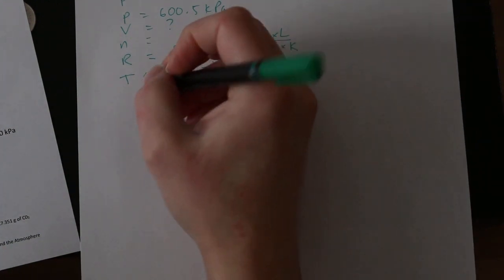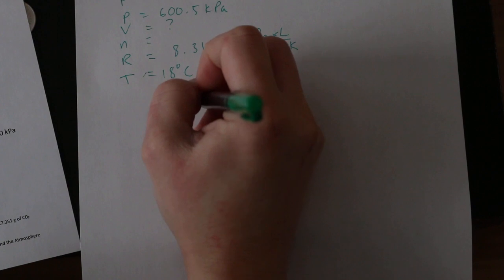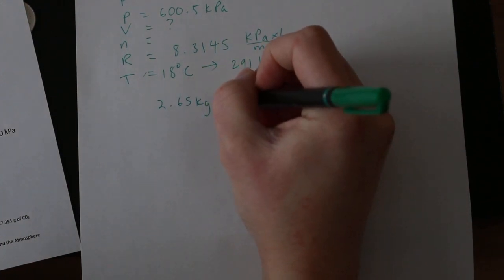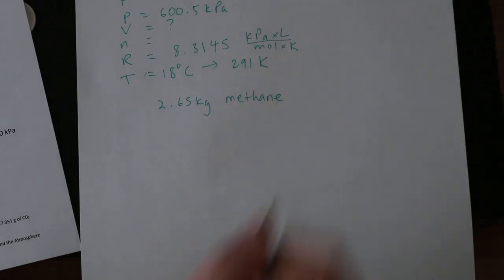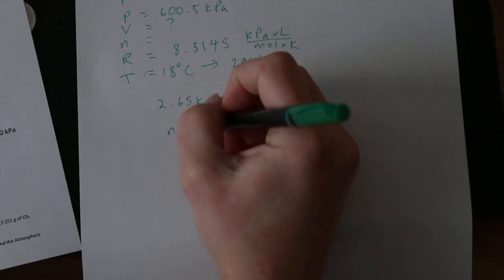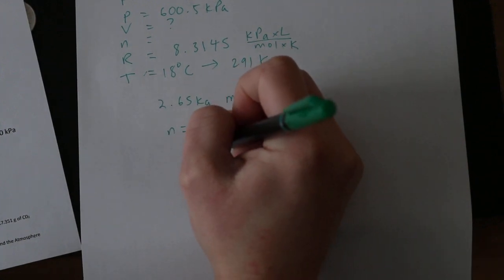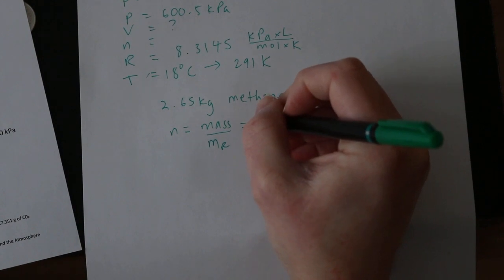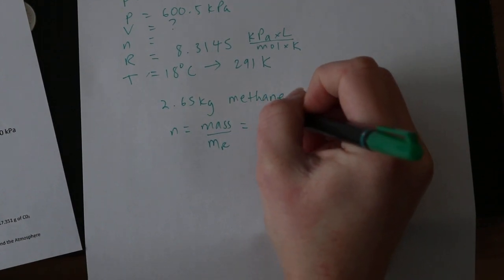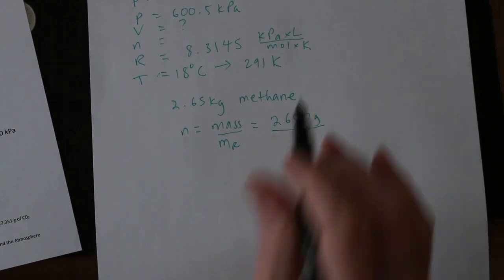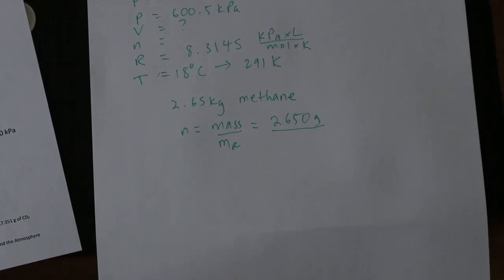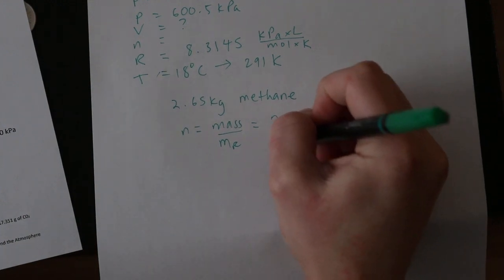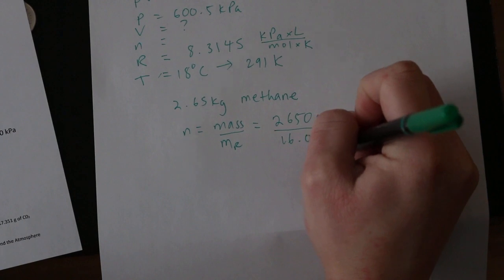So we have 6.25 kilograms of methane gas. So what we're going to have to do is, remember the number of moles is going to be mass divided by molar mass. So that's going to be 2,650 grams. Okay, and the molar mass of methane, that's going to be 12.01 plus 4 times 1.01, 16.05 grams per mole.